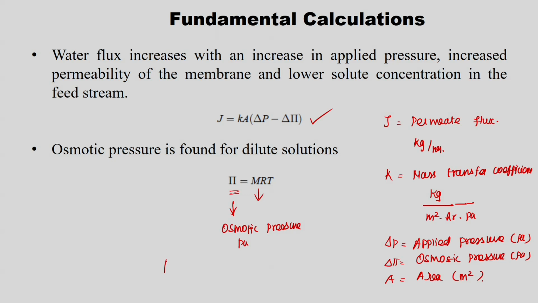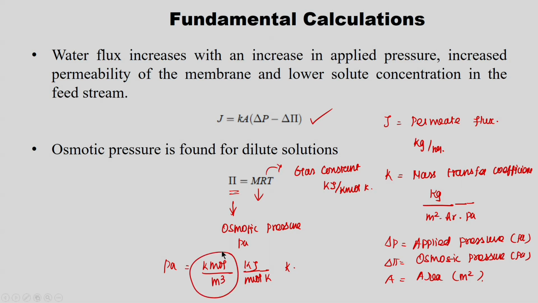R is the gas constant, in kilojoules per kilomole Kelvin. T is the temperature, in Kelvin.